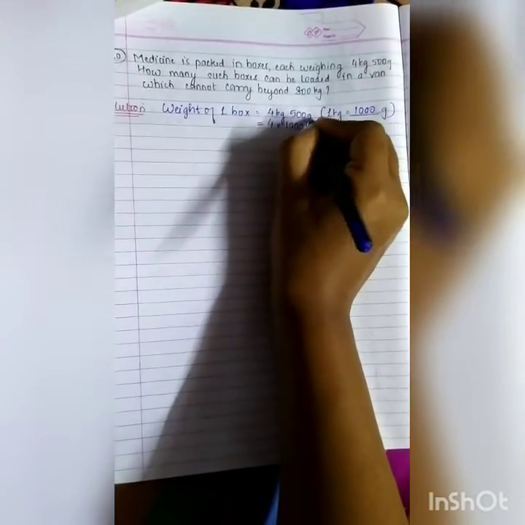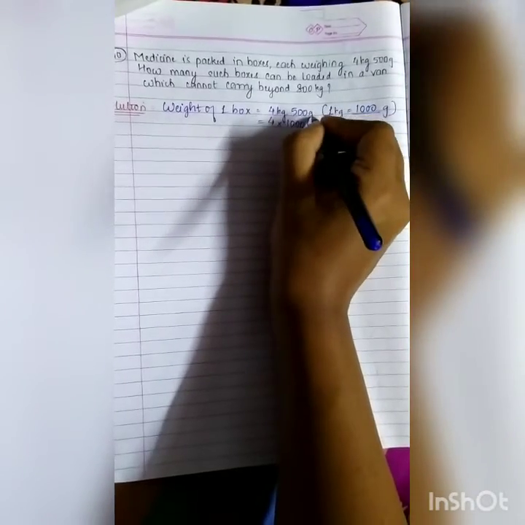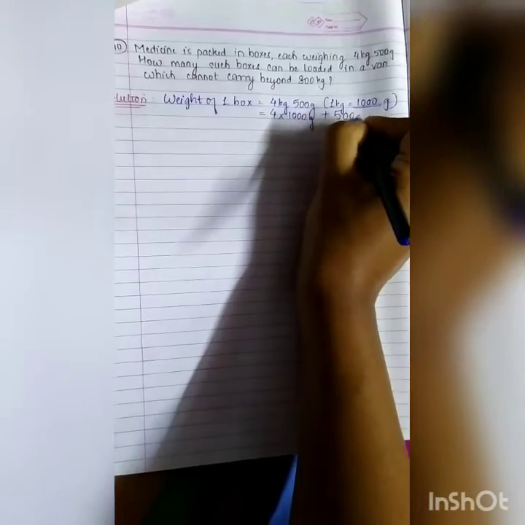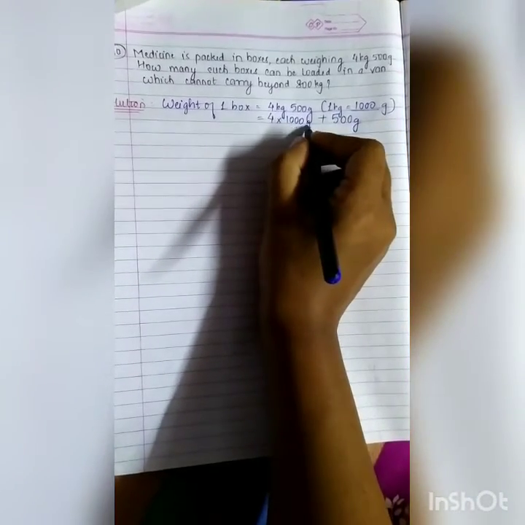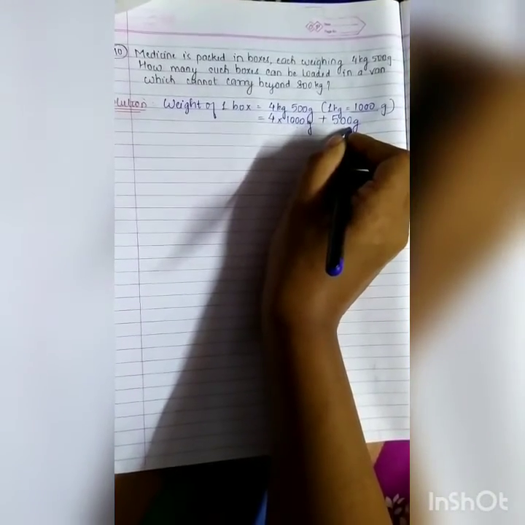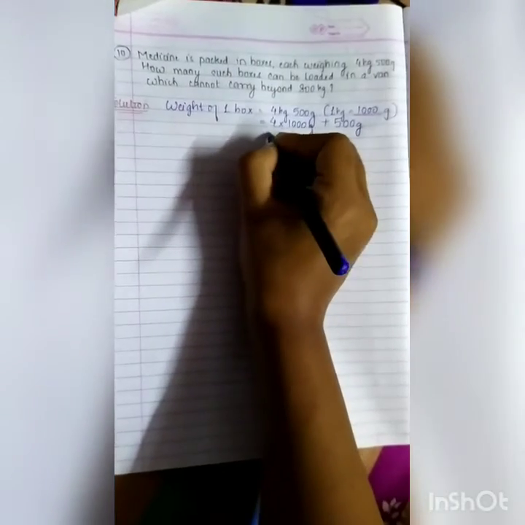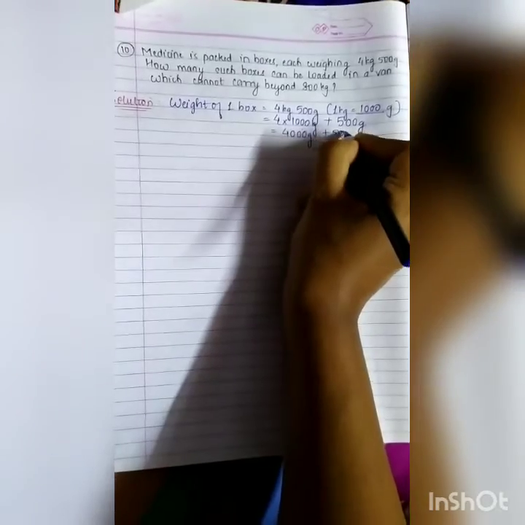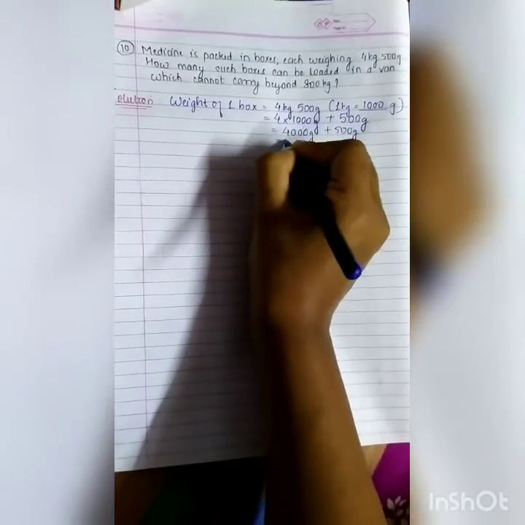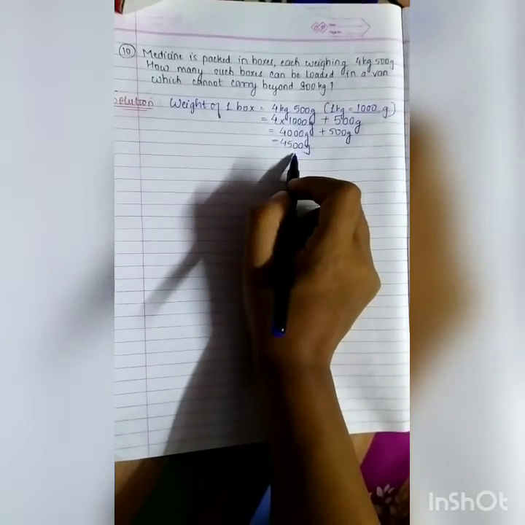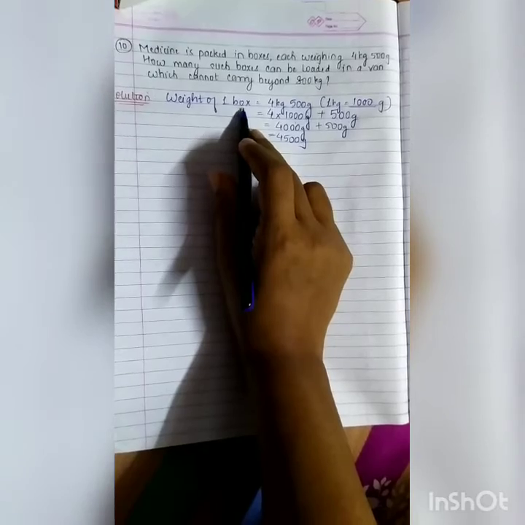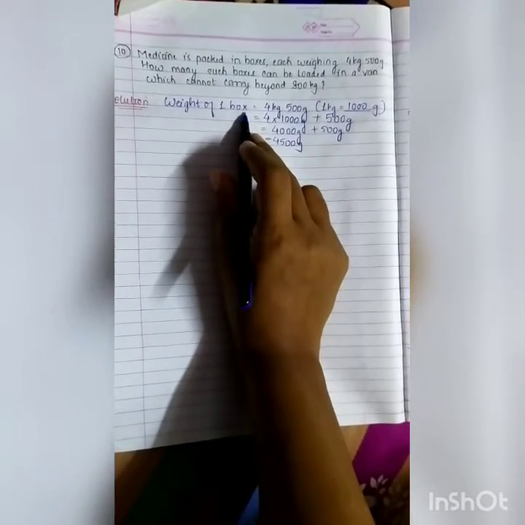Now plus 500 gram as it is, because it is already in grams. Don't forget to mention the units, they are important. Then 4 into 1000 is 4000 grams plus 500 grams, so I will get 4500 gram. So 4500 gram is the total weight of one box.